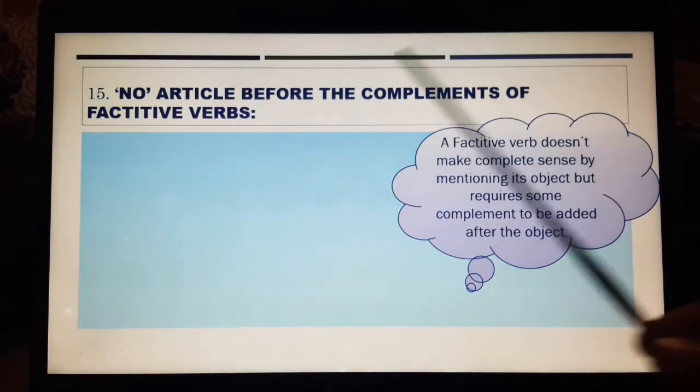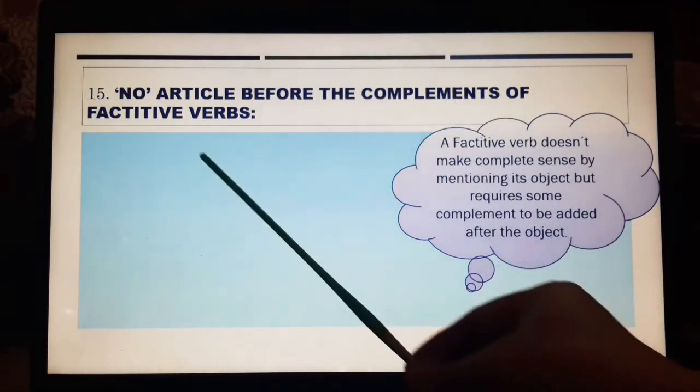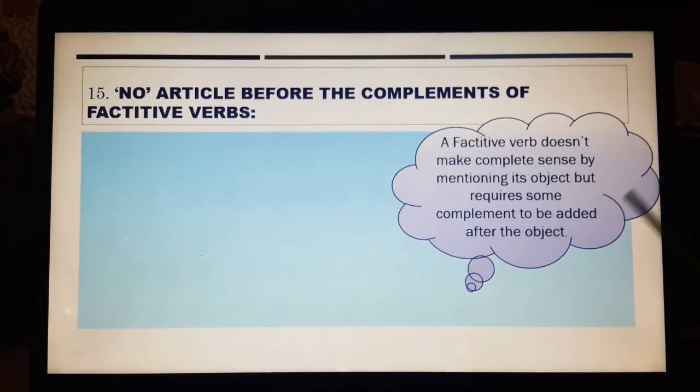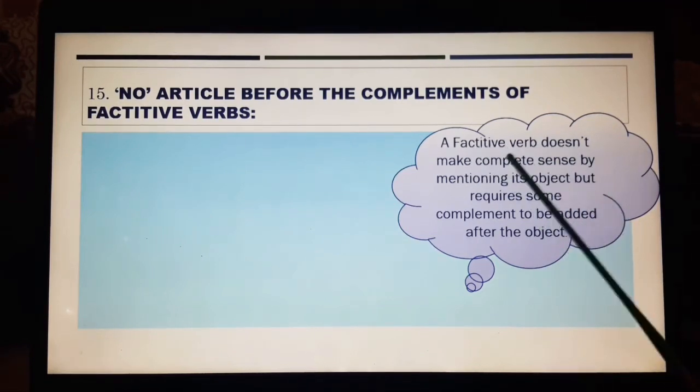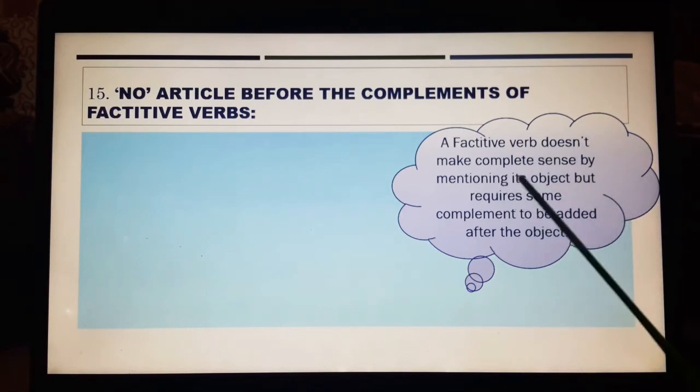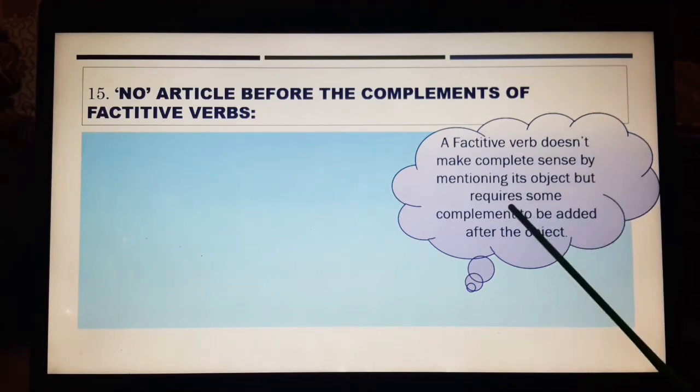No article before the complements of factitive verbs. So you might ask, what is a factitive verb? Here is the definition. A factitive verb doesn't make complete sense by mentioning its object, but requires some complement to be added after the object.